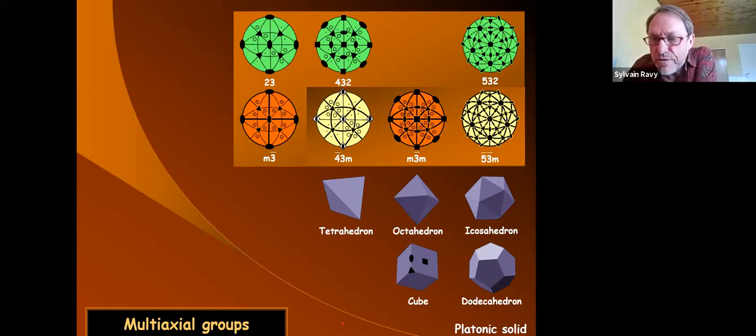You know that we have only 5 regular convex polyhedra, to be precise. So you have the tetrahedron, whose group of symmetry is 4 bar 3m. 4 bar means a fourfold rotation and then an inversion.